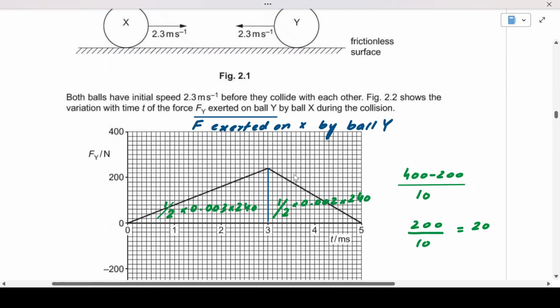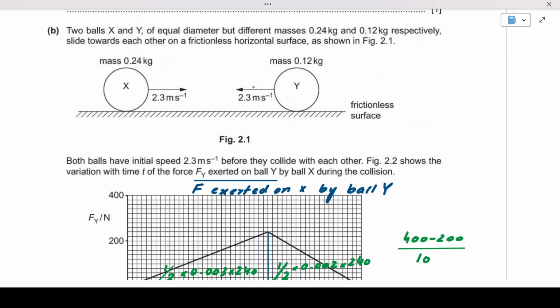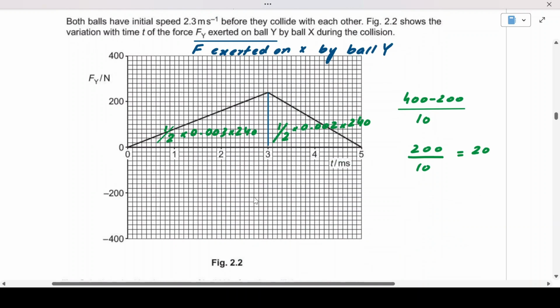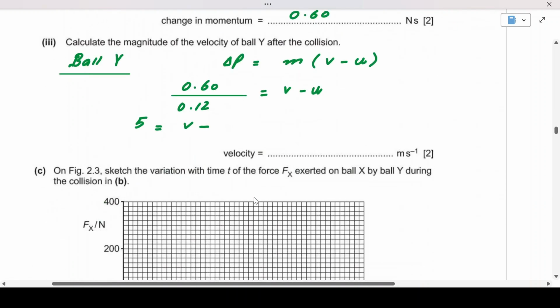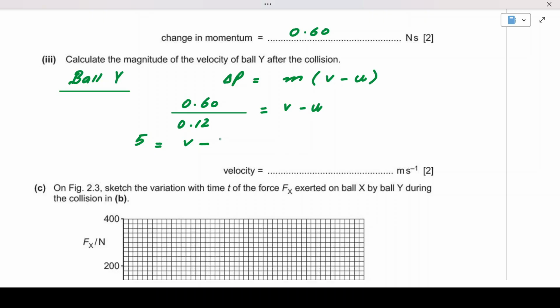So v minus, now what is the initial velocity? Initial velocity is, as you can see over here, 2.3, but it's on the left side. According to the sign convention, should be negative. So the value of u is also negative. So minus 2.3. This negative sign because of the formula, the other negative sign because of the sign convention. Momentum is always solved by sign convention.